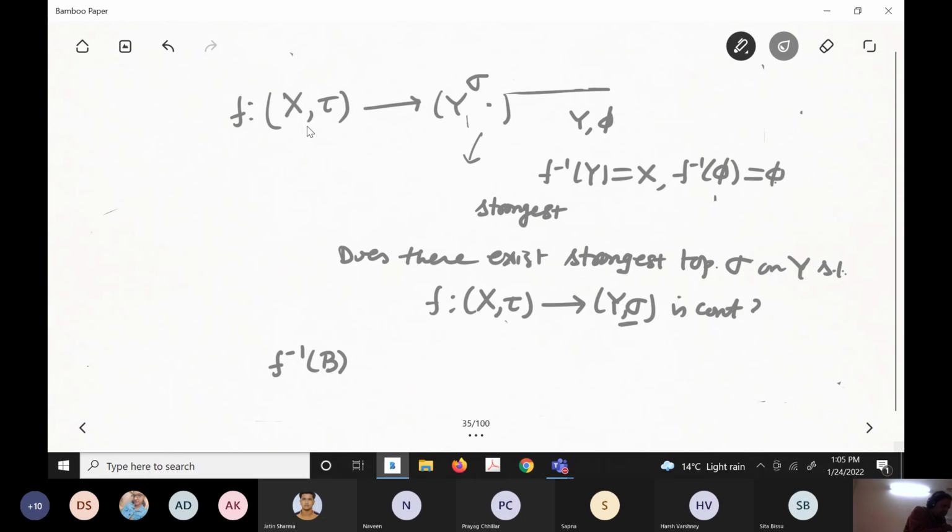That means f inverse B belongs to tau, for B a subset of Y. Take this sigma. Look, I am going through f inverse. First of all, does it give a topology? First of all, the strongest topology other than the trivial topology, what will this be? That I will handle.